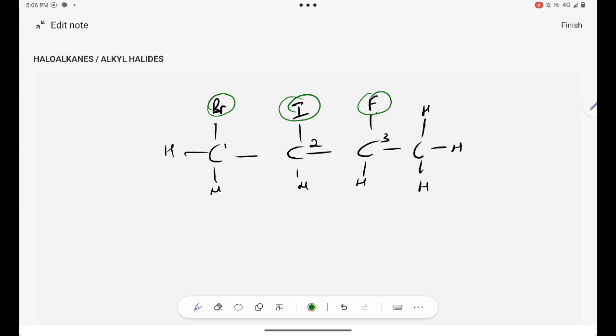We must mention these things, guys, in alphabetical order. Are you together? We have bromo, we have fluoro, and we have iodo. And please note that we always number from the terminal which is closer to the halogen. So that will be carbon number 1, 2, 3, and 4.